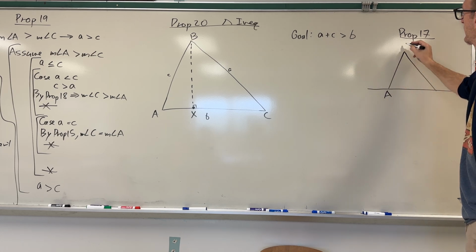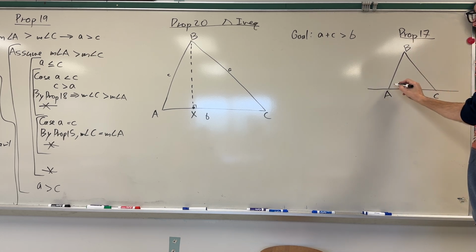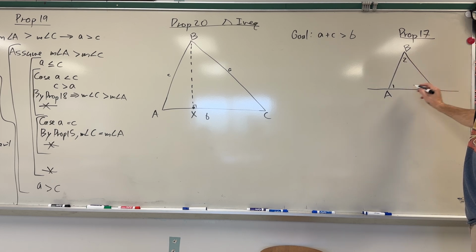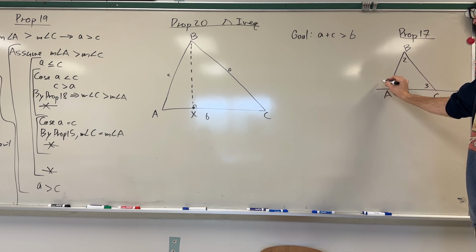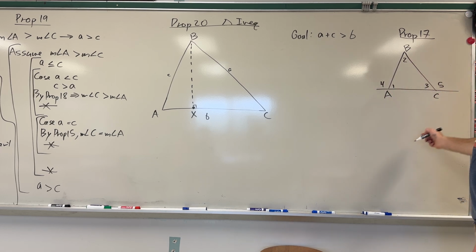Okay, so take any triangle ABC. Let's label everything. Let's call this 1, this 2, this 3, this 4, and this 5. The goal is to show that any two angles in a triangle add up to less than 180. Of course, in Euclidean geometry this is trivial, because we know the sum of the angles is exactly 180, so obviously any two will be less than 180.